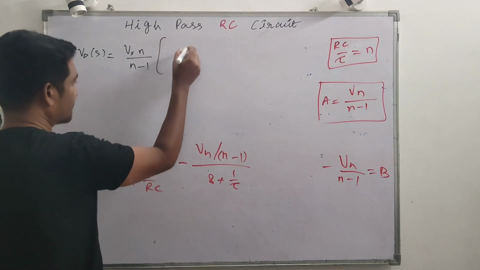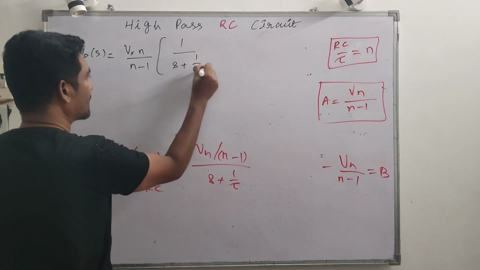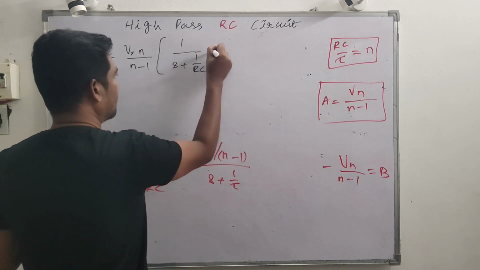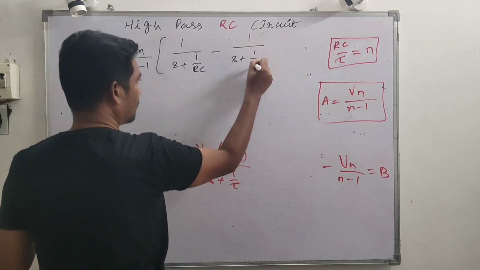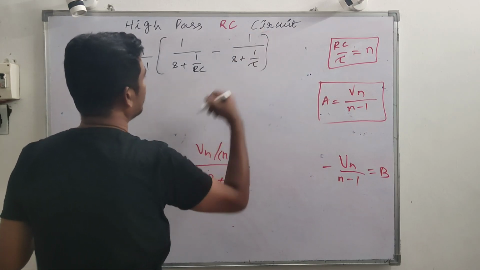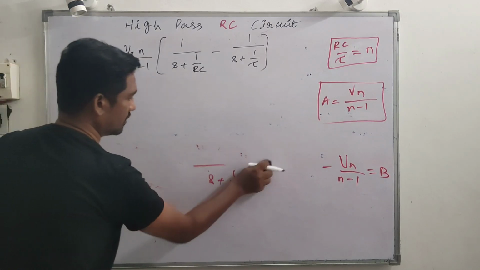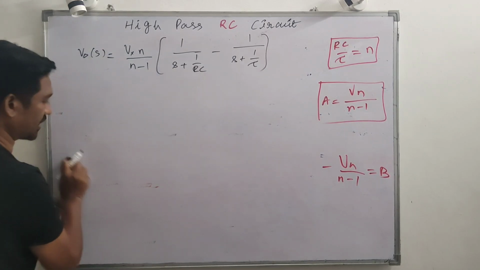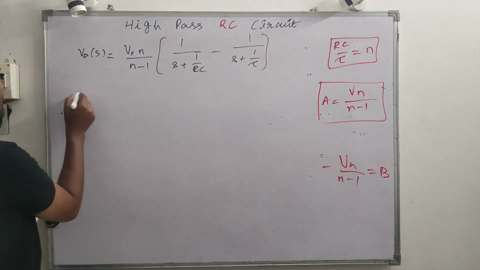What we have is 1 upon s plus 1 upon rc minus 1 upon s plus 1 upon tau left over, right? And what do we want to have? The time response, in the sense obtaining the inverse Laplace transform of this expression.